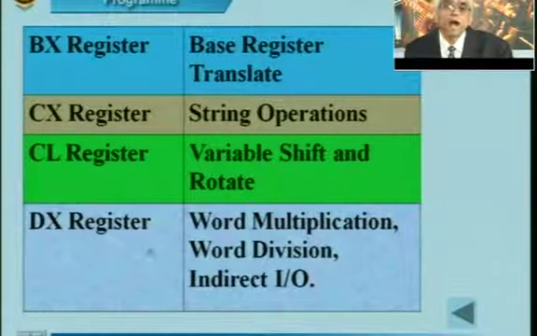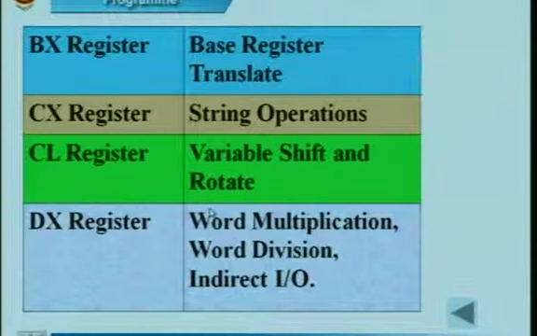or shifted as required. As already mentioned, DX register is used for word multiplication, word division and for indirect IO operation. So, when I am trying to talk about IO operation, IO operation is trying to access the data from the external world.